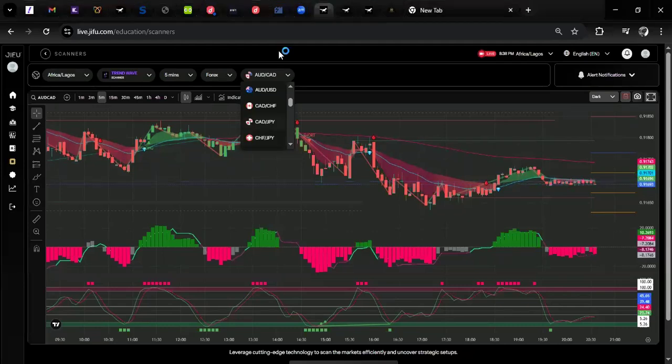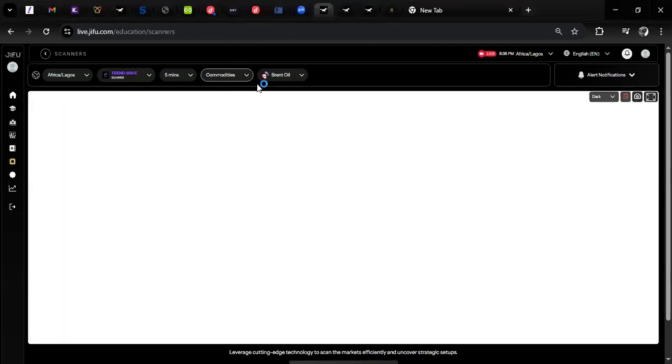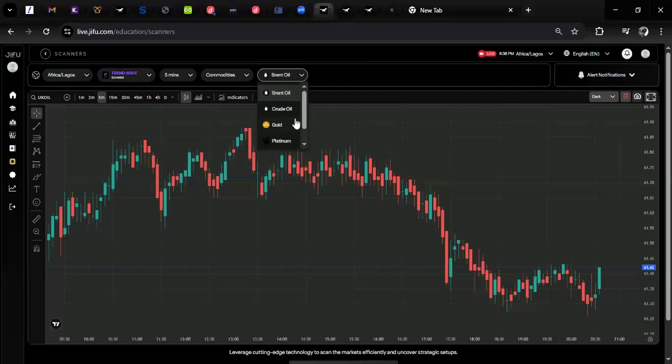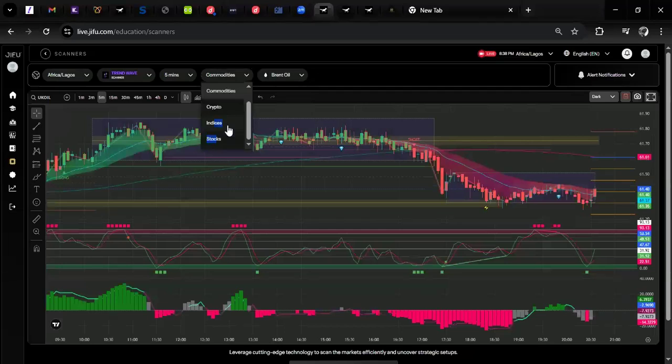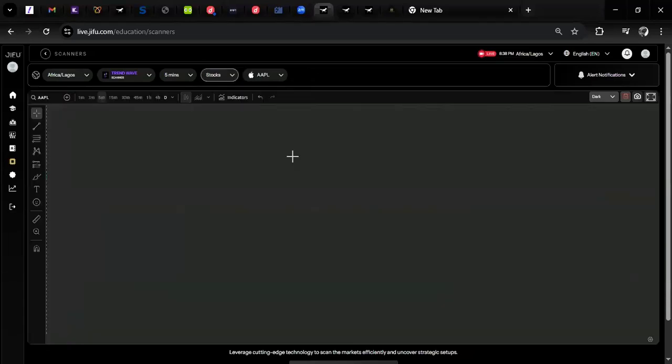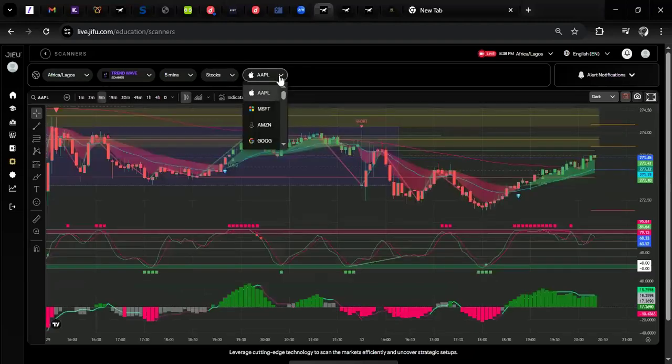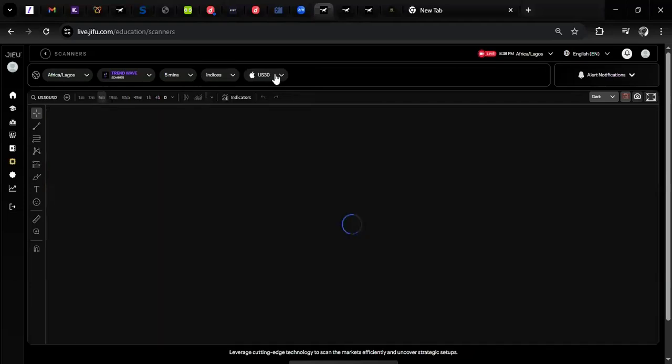Now that's that about the currency, forex pair rather, and commodity. You just do the same, come here, and then you get pairs here. Same thing for indices, same thing for stocks as well. For indices, you could come here, like the US 30 and the rest.